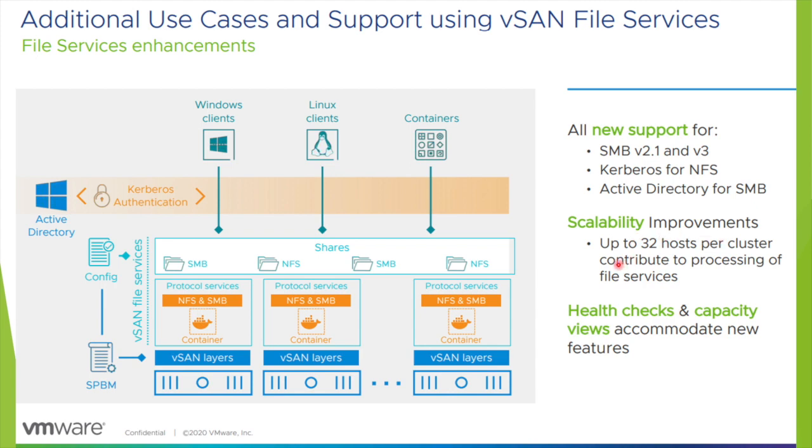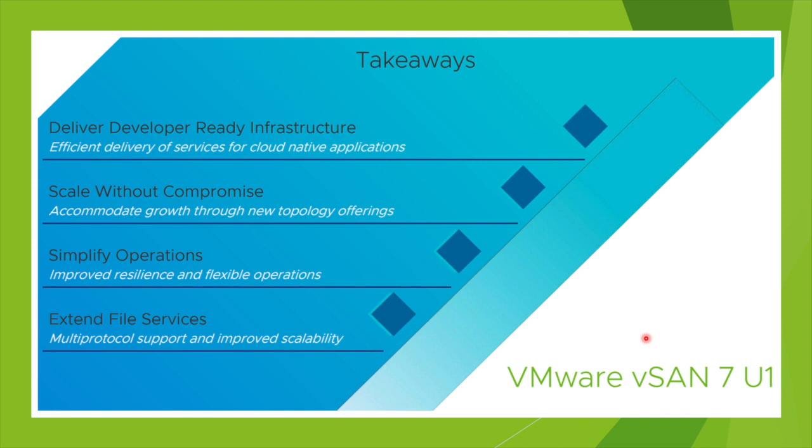There is a scalability improvement, up to 32 hosts per cluster contributing to processing of the file system. So basically you can have vSAN be able to use your shares as well. And then we have the health checks and capacity view to accommodate these features.